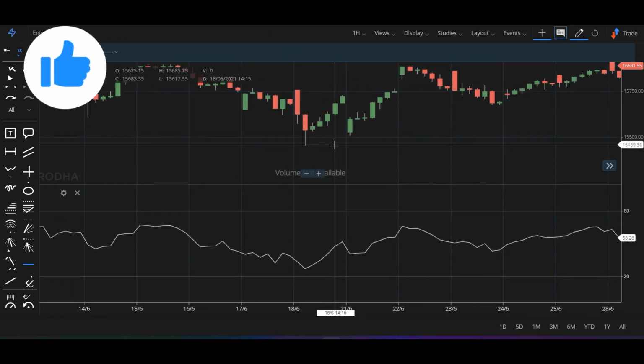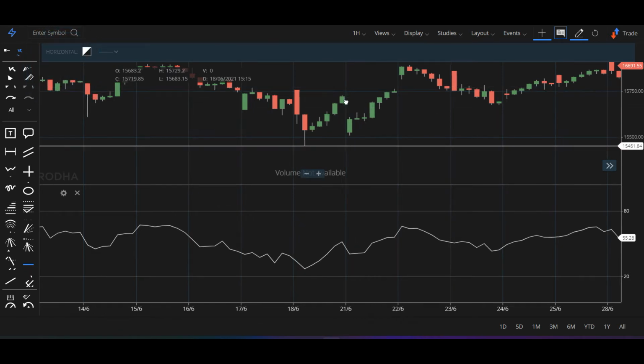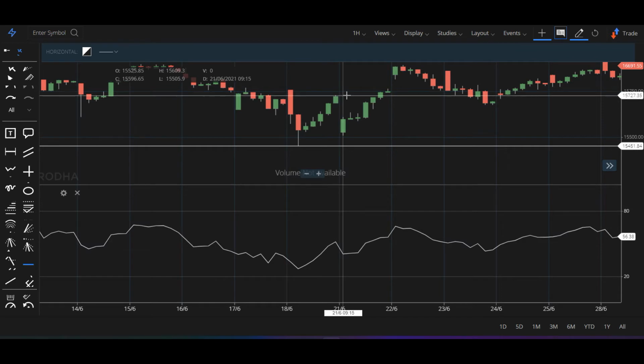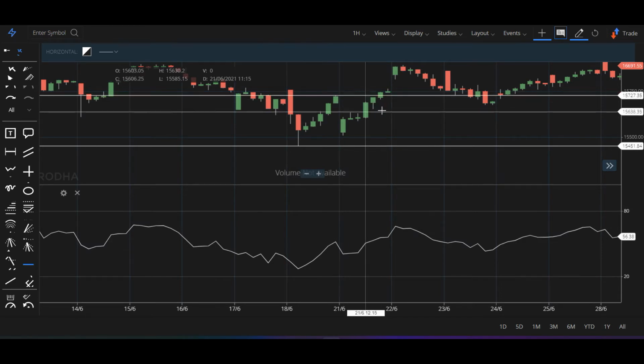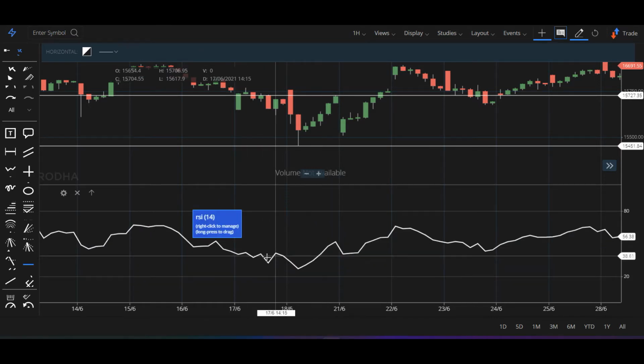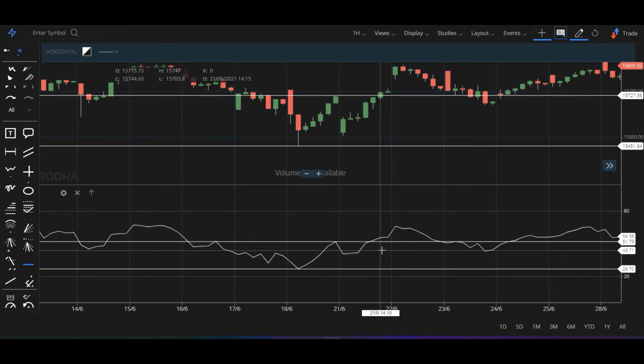This particular candle low was a support, which we had found in the earlier candle. And this one was a resistance, because this one was a top in this scenario. So we are finding the top and bottom of earlier days.